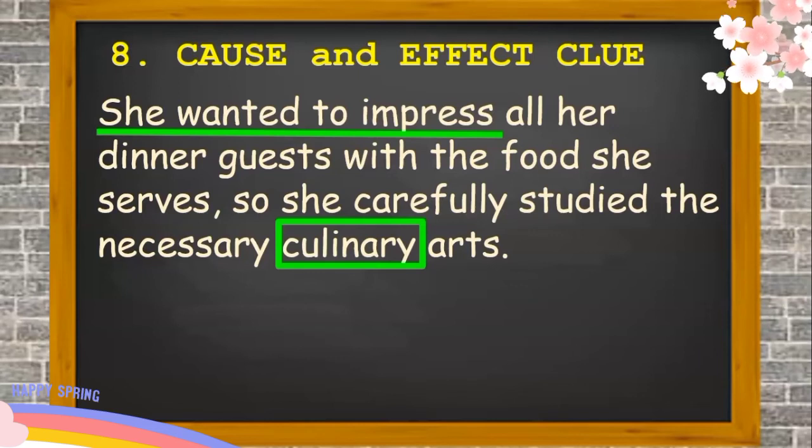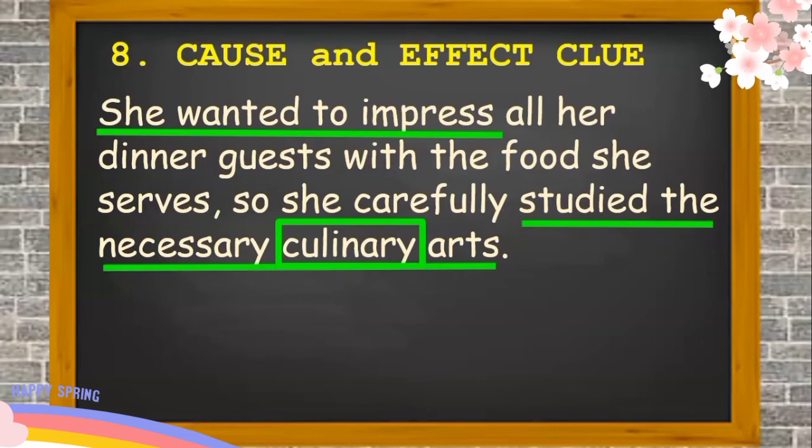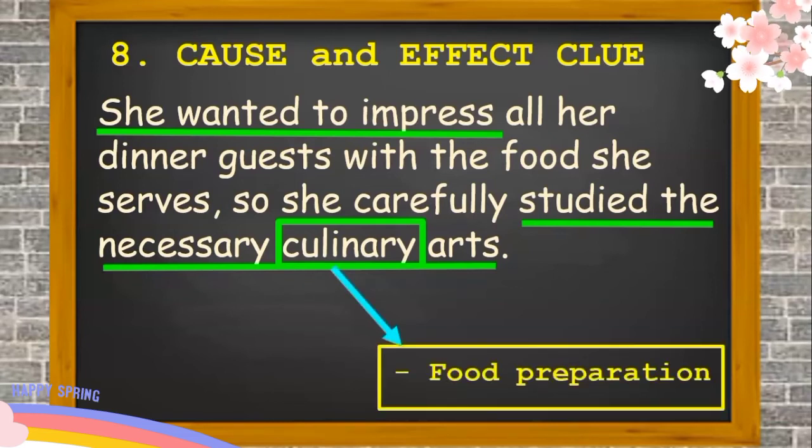That is why the effect is she carefully studied the necessary culinary arts. Based on this cause and effect relationship, we could say that the term culinary is about food preparation, right? Since we're talking about her preparing dinner for her guests. Now, culinary means food preparation. And this is how the cause and effect clue helped us understand the meaning of the word.